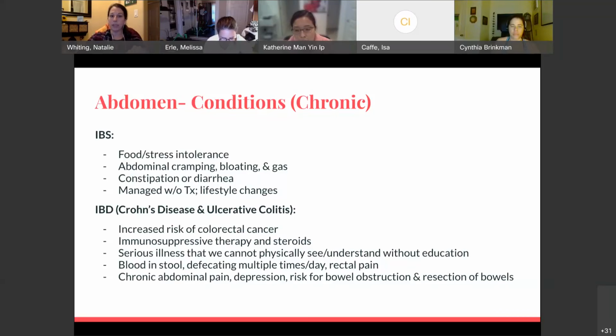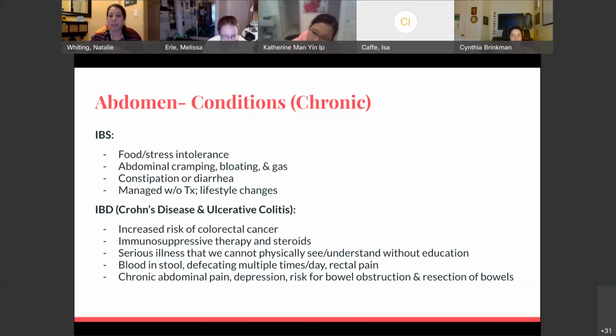IBD, by contrast, is a severe disease. It's a genetic mutation. They have an increased risk of colorectal cancer, and this is the umbrella term for both Crohn's disease and ulcerative colitis. So looking at both conditions, they both share these. They may be on immunosuppressive therapy and or steroids.